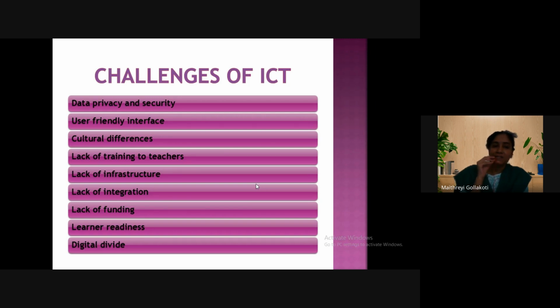so that it will be easy for everybody to get benefits from ICT. Next is lack of infrastructure. In some schools and other institutions, funding is very difficult. They don't have the necessary funds to establish ICT. ICT, we have to agree, is very costly. But as I told, it is also a one-time cost. Once the institution invests in this, many generations of students can benefit.